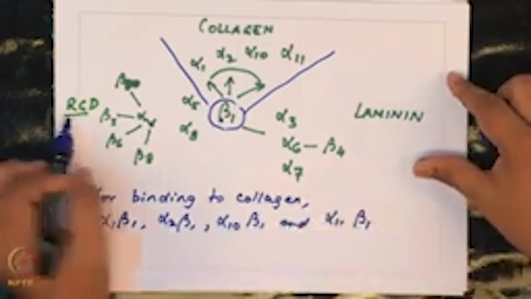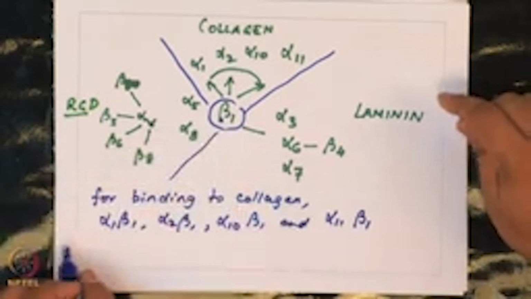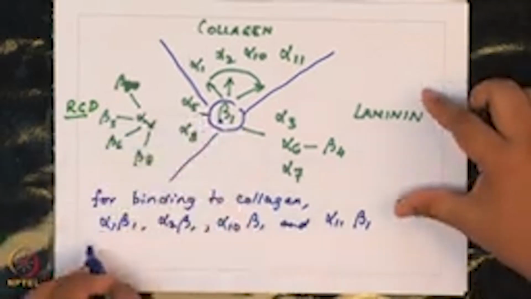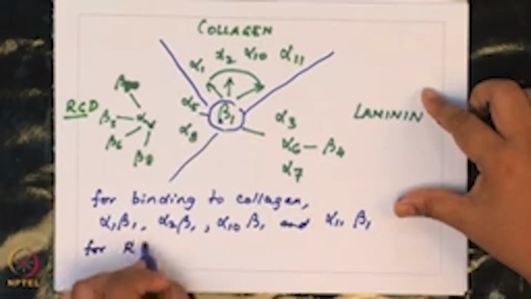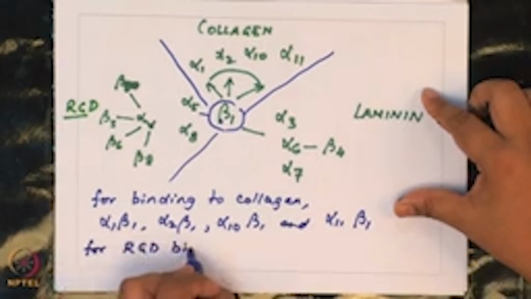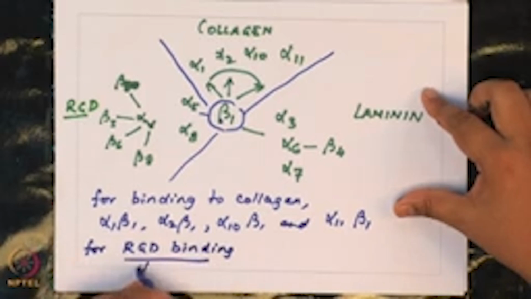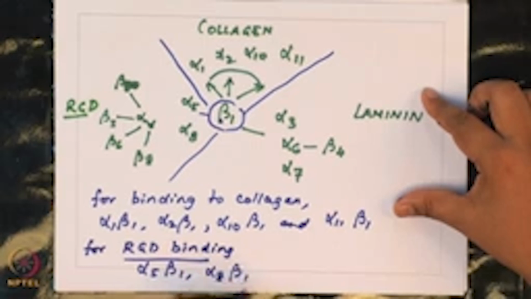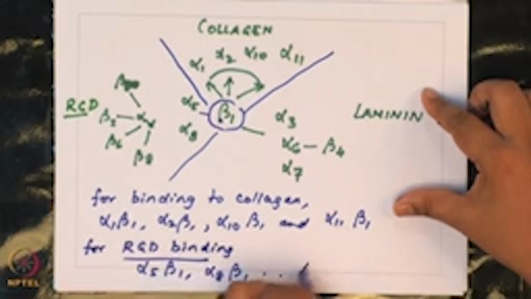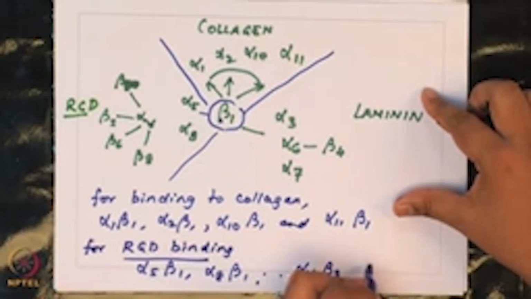Okay. Similarly, for RGD binding, you can have alpha 5 beta 1, alpha 8 beta 1, and also you have alpha V beta 3, alpha V beta 5, and so on and so forth.